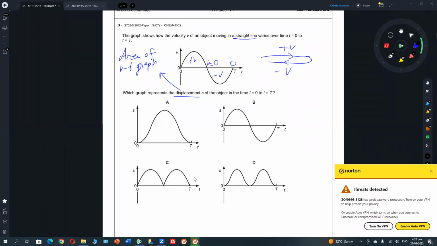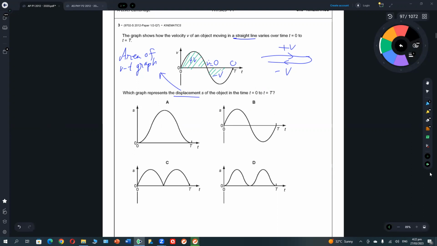Okay, displacement is the area of the velocity-time graph. So can you tell me, is the shaded area the displacement? Yes, it will be the displacement. So what formula can we use for such a graph to find the area?